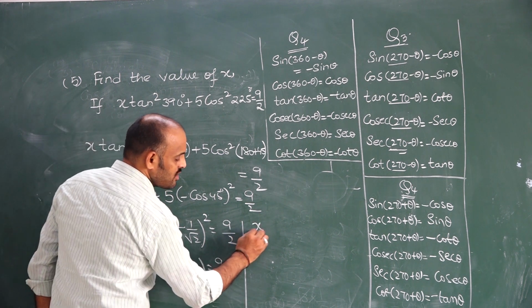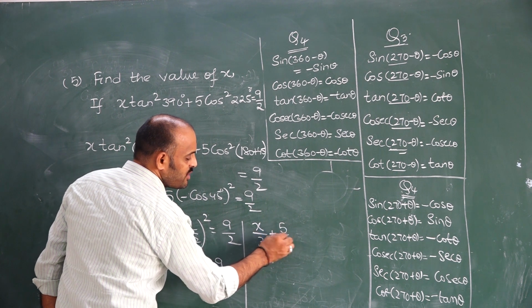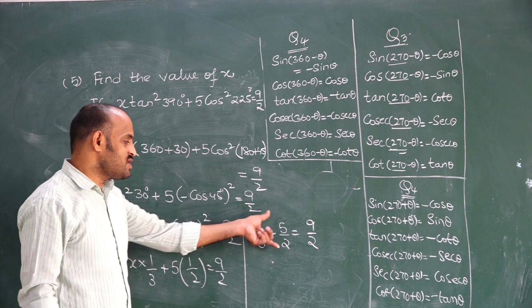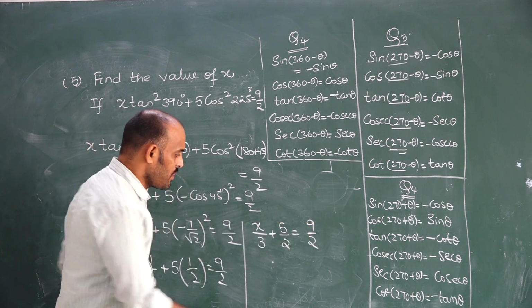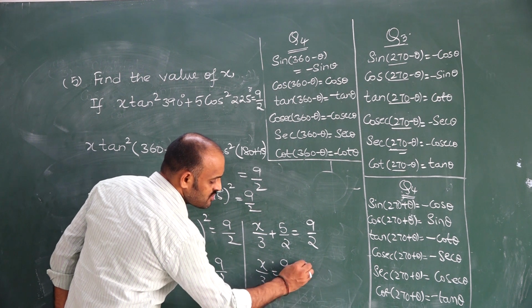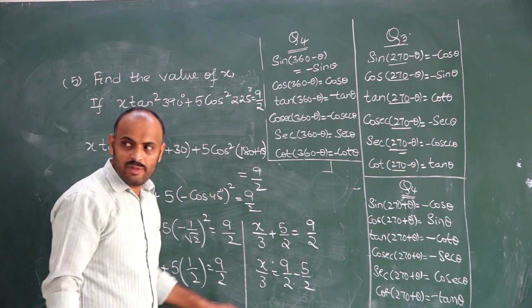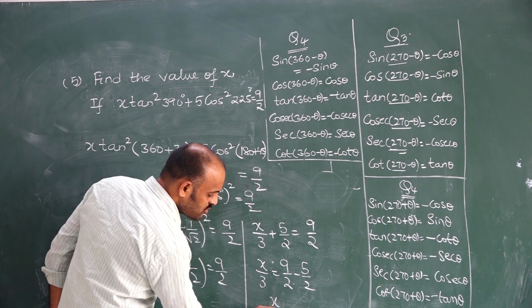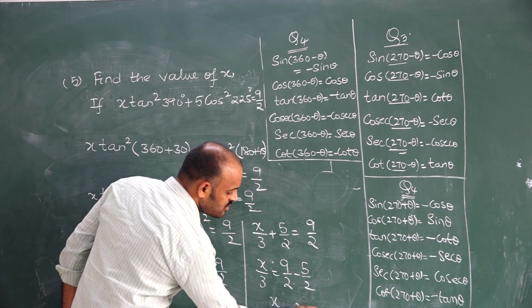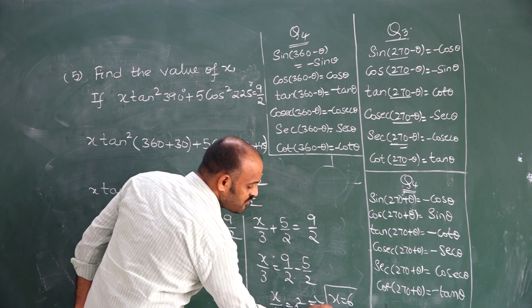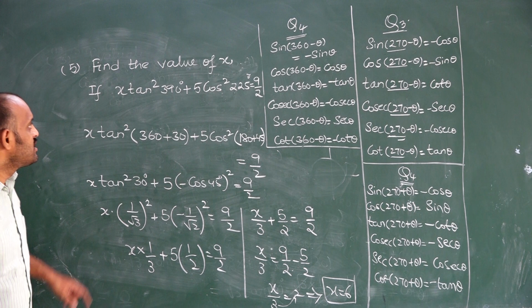X by 3 plus 5 by 2 is equal to 9 by 2. Transpose 5 by 2 to the right side. X by 3 is equal to 9 by 2 minus 5 by 2, which is 4 by 2, that means 2. X by 3 is equal to 2. Transpose 3 to the other side. 3 into 2 is 6. Therefore, x is equal to 6.